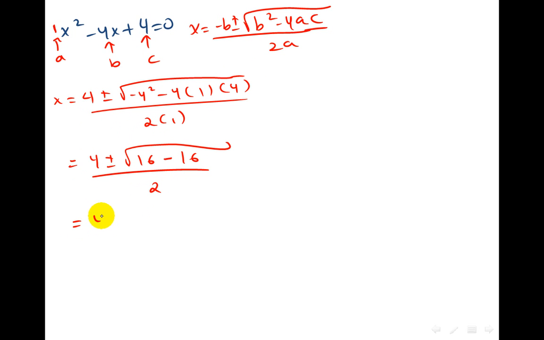So here it will be 4 plus or minus 16 minus 16 is 0, and root of 0 is just 0 over 2. So in both cases 4 plus 0 is 4 and 4 minus 0 is again 4, so x will be just 2. So the value of x is here 2.